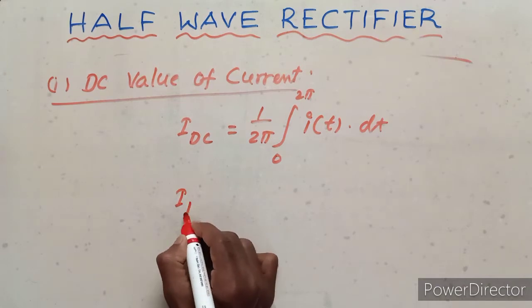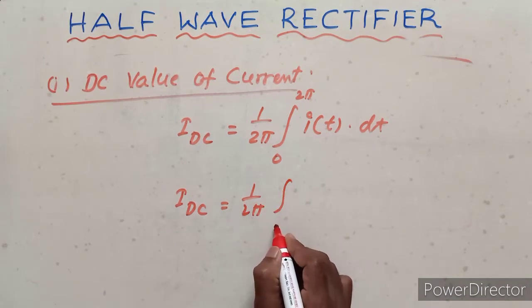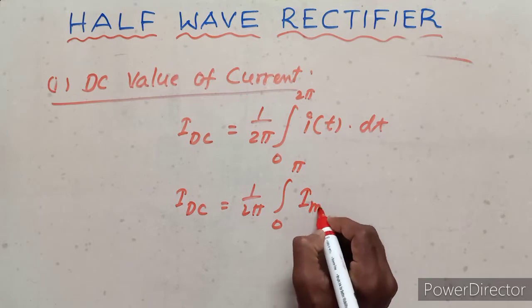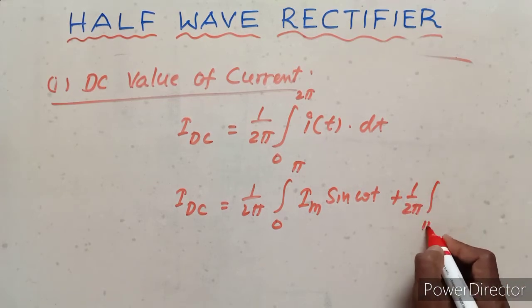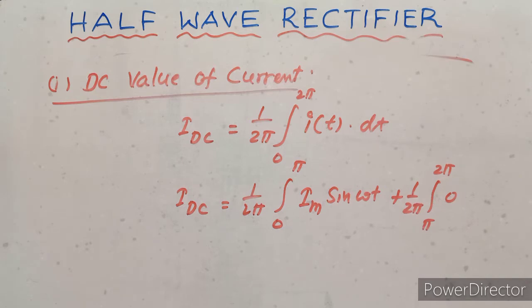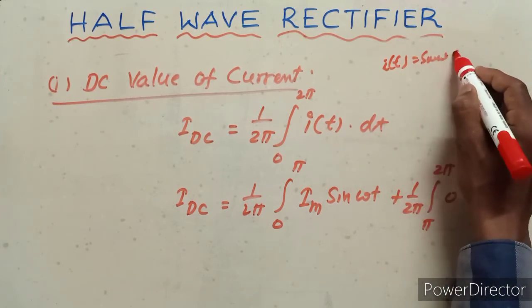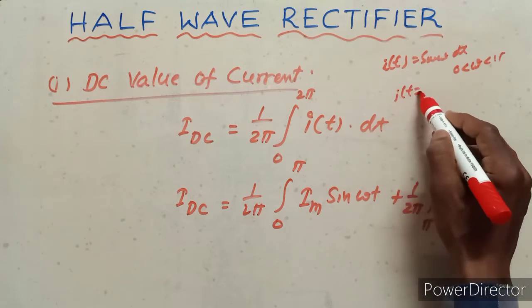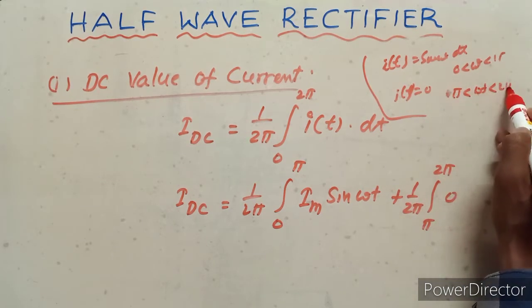That is 1 upon 2 pi, integration 0 to pi of Im sin omega t, plus 1 upon 2 pi, integration pi to 2 pi, where i of t equals 0.